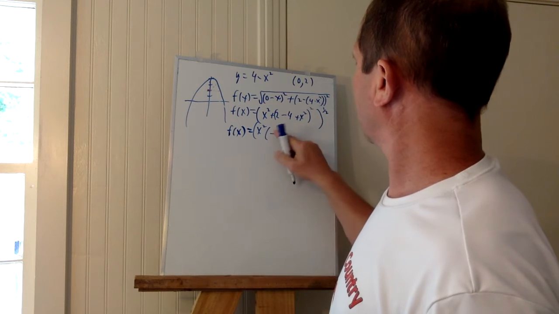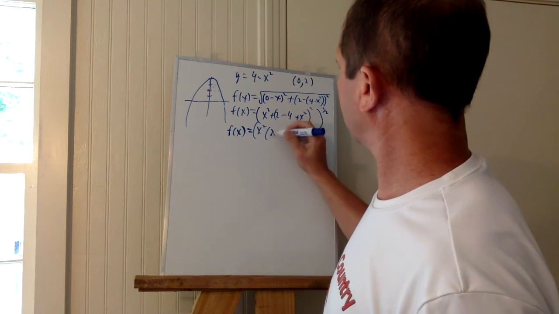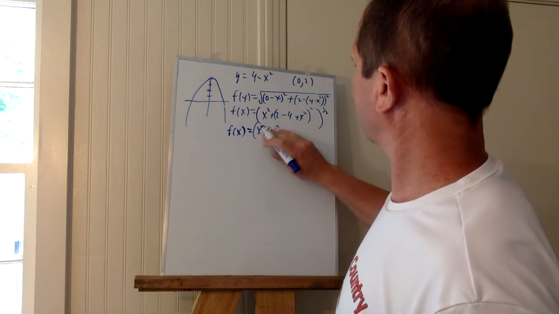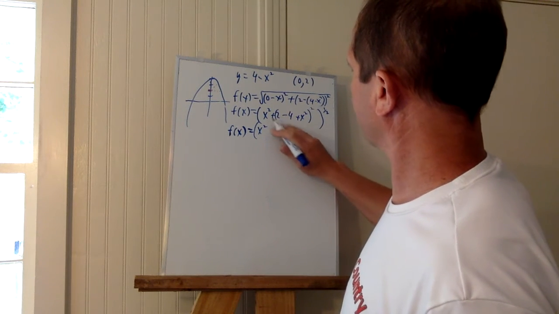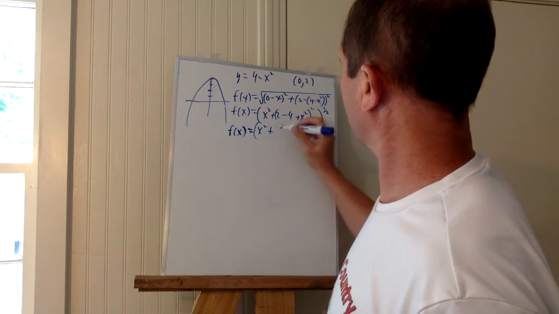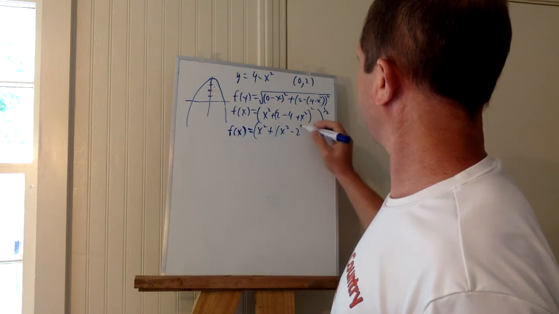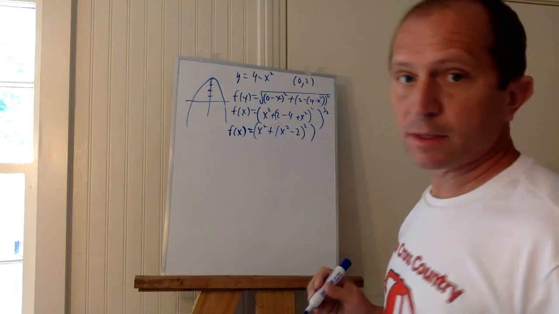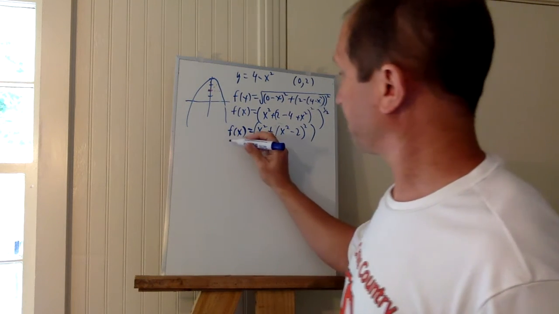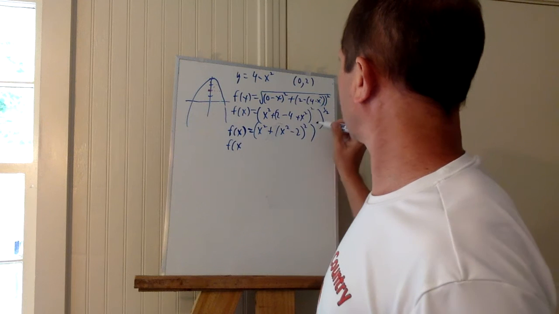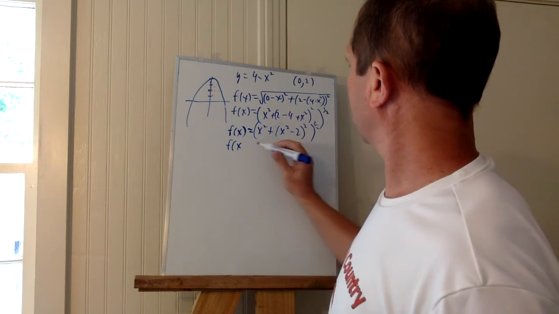So we have x squared minus... And from there, f of x, I'm still to the 1/2 power, sorry.